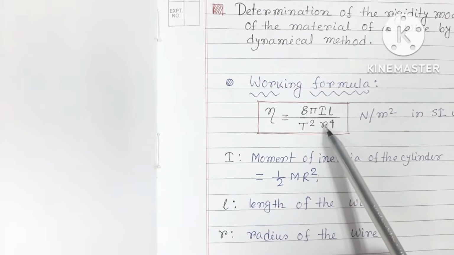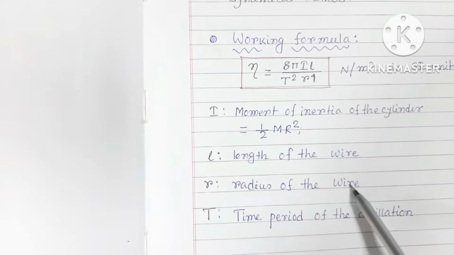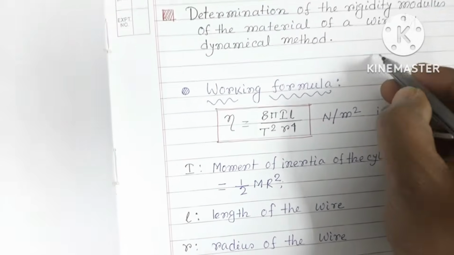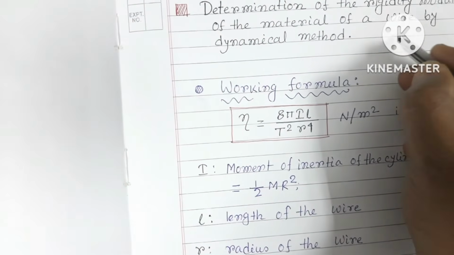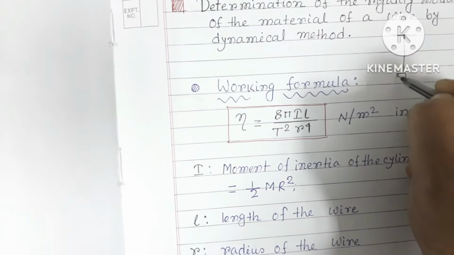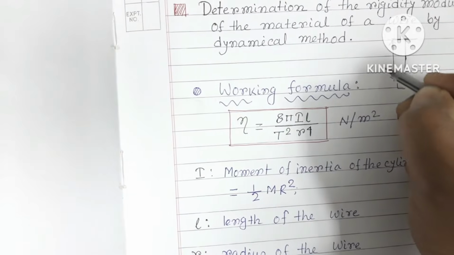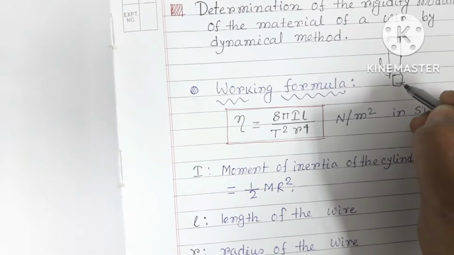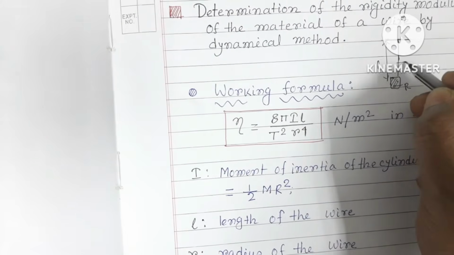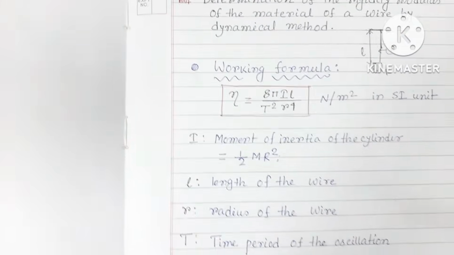And then small r to the power 4. What is the small r? Small r is the radius of the wire. If I draw here, you will find that a wire is connected at the bottom with a cylinder. This is the length of the wire, and capital R is the radius of that cylinder, and you have to also measure the radius of that wire, which is the small r. Okay, clear?